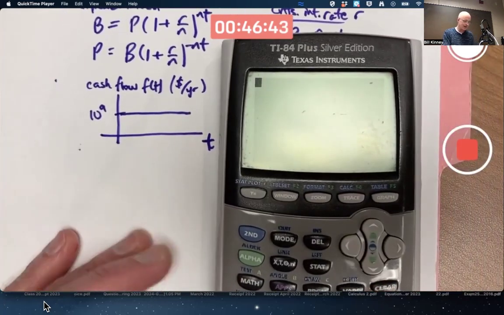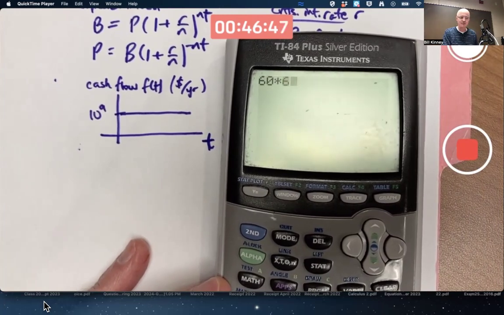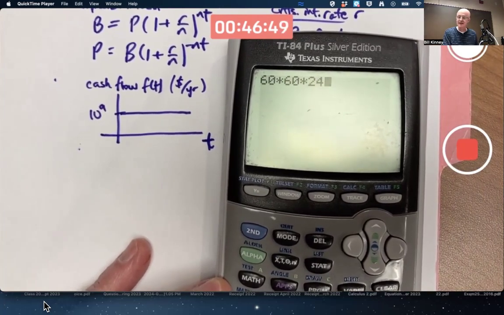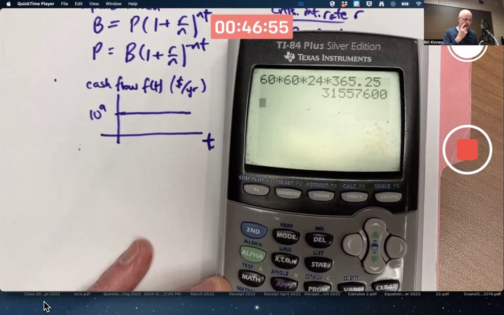By the way, just for fun, how many seconds are in a year? 60 seconds in a minute, 60 minutes in an hour, 24 hours in a day, and on average, 365 and a quarter days per year. On average, there's 31,557,600 seconds in a year, including leap years.